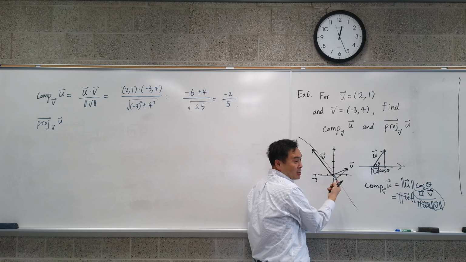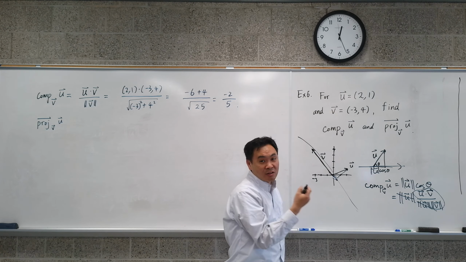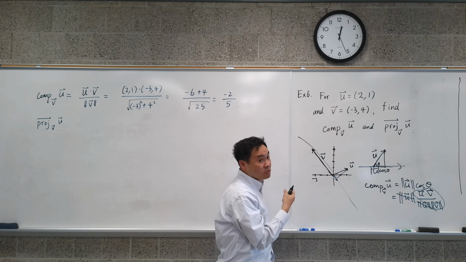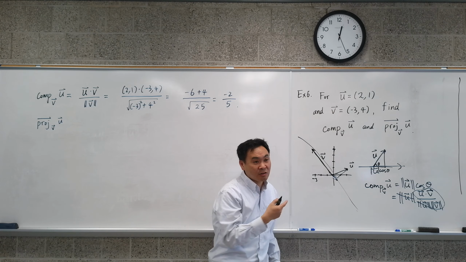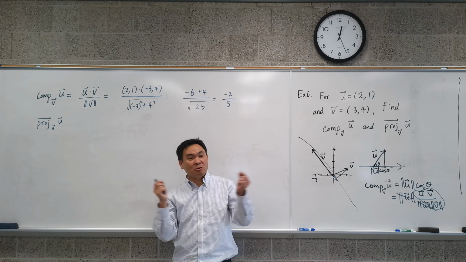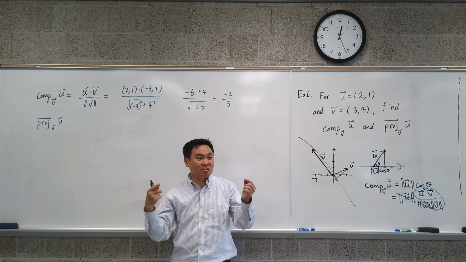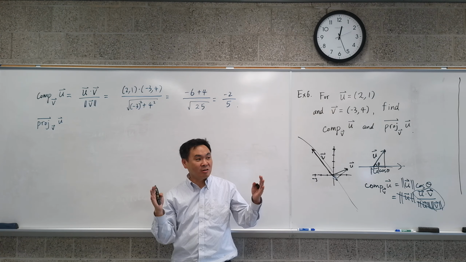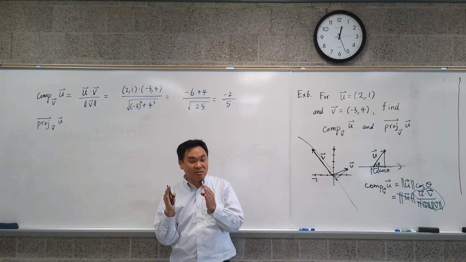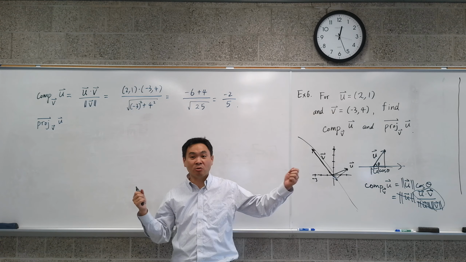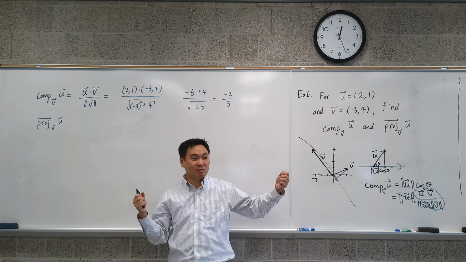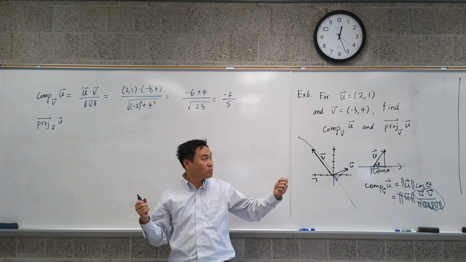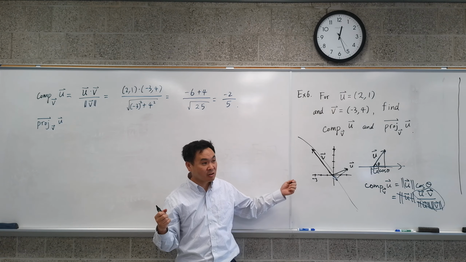Negative magnitude of -2/5. Then this is very much related to the previous question that we solved, which is if you wanted to have some arbitrary length vector in the direction of another vector, what do you do? You first take that direction and normalize it to a unit vector, and then multiply whatever size you want. That's the idea.